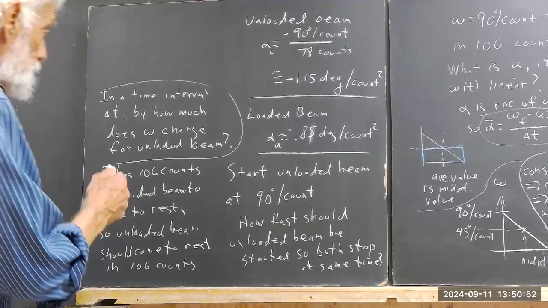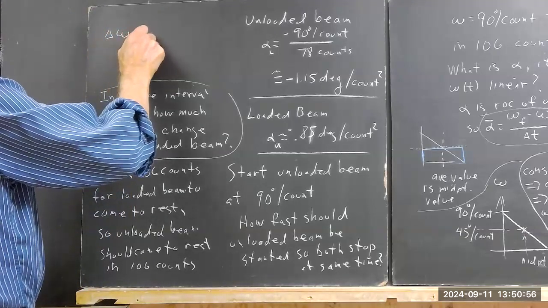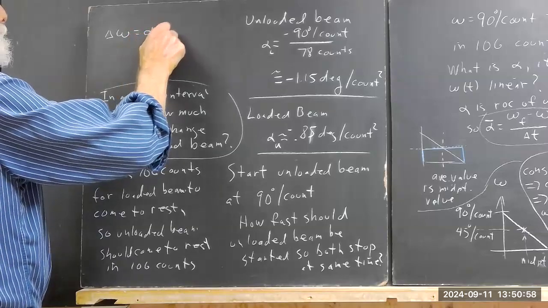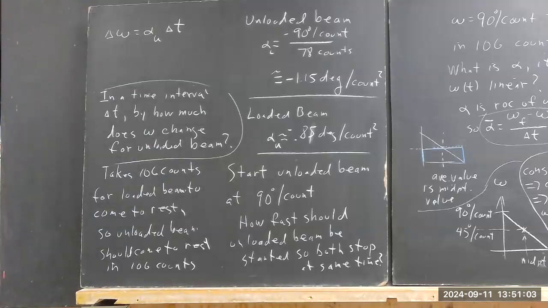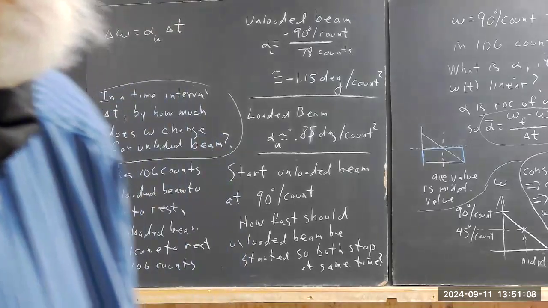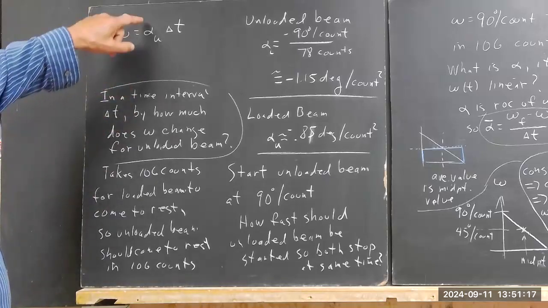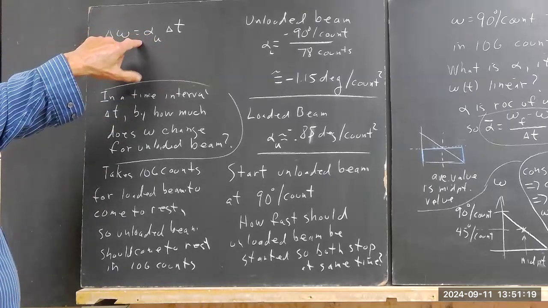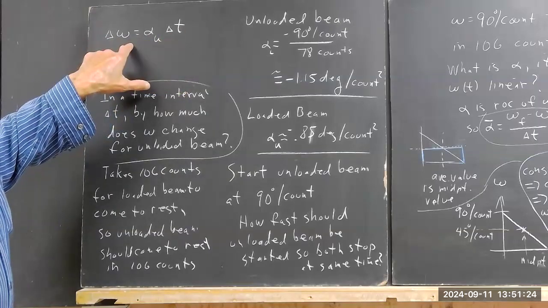Well, the answer is delta omega equals alpha U delta T. Take the rate at which this thing changes in time, multiplied by the time interval, and you get the change in omega, right?